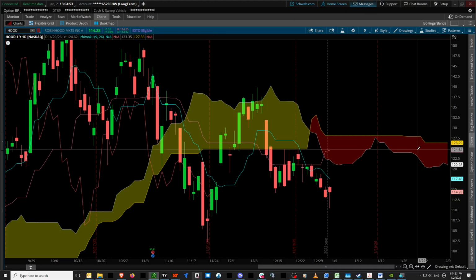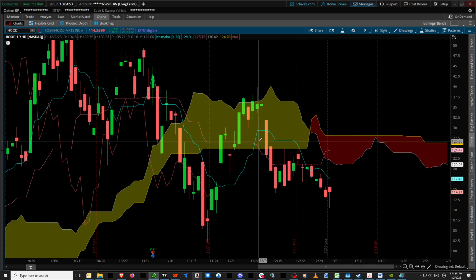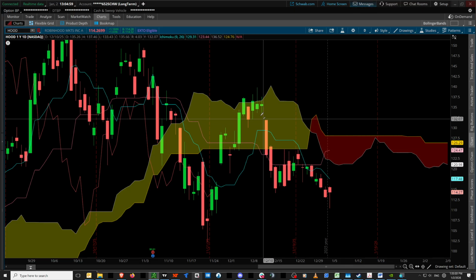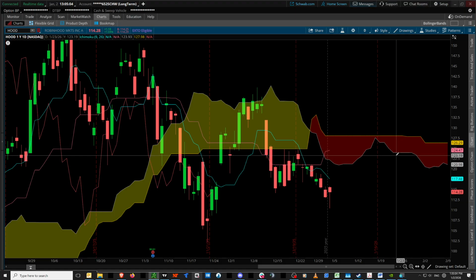Essentially, though, this is telling you that everything's bearish. And when it left this cloud here, it moved bearish, and the future is bearish. That's basically what it says.